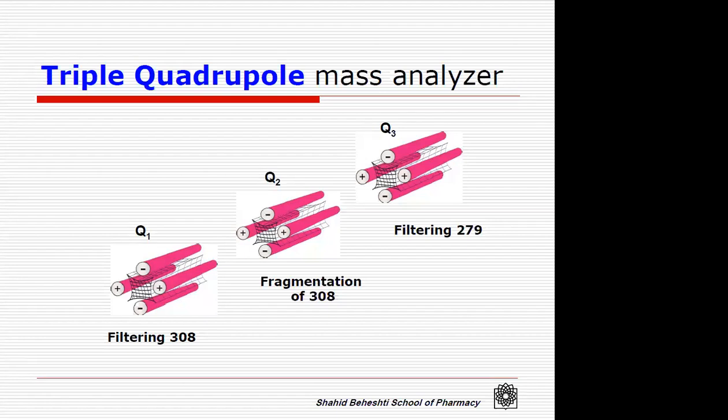And now, if this whole system, Q1, Q2, and Q3, are adjusted like this, the way that I'm showing in this slide, the only compound which is allowed to pass through this system and give us a signal is compound A that I showed you in my previous slide. All the other compounds which have different molecular weights and different fragmentation patterns are eliminated and deleted from the process.